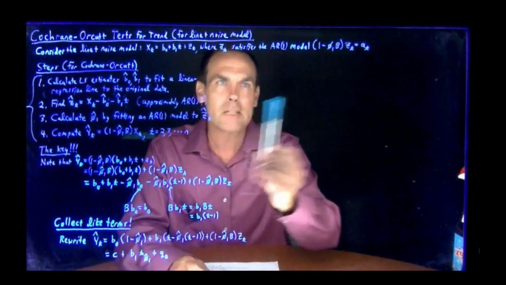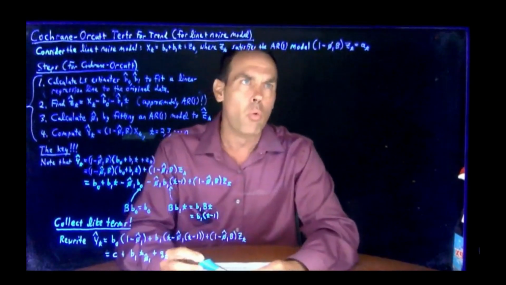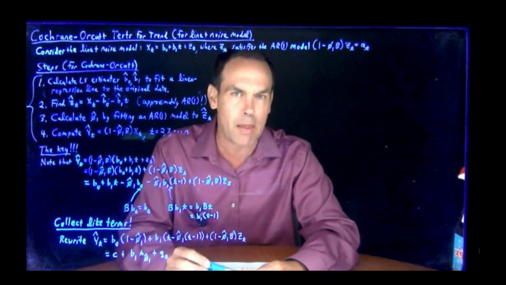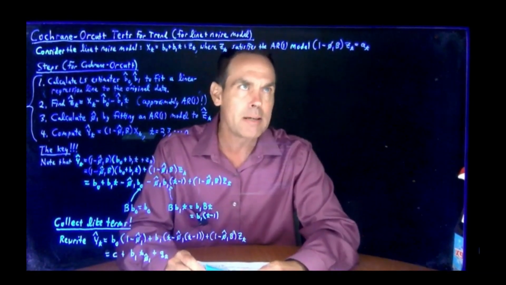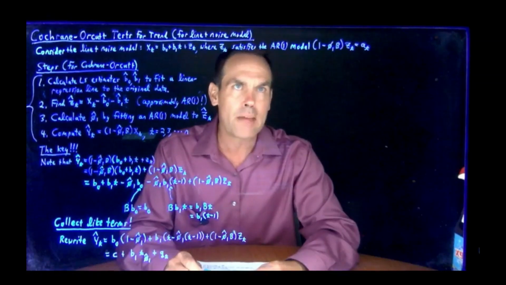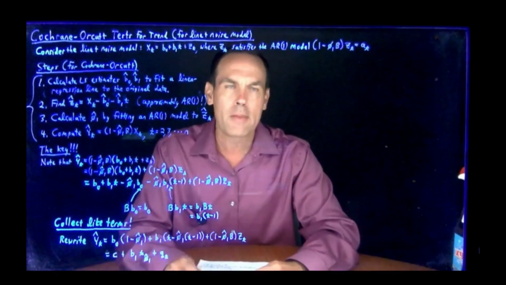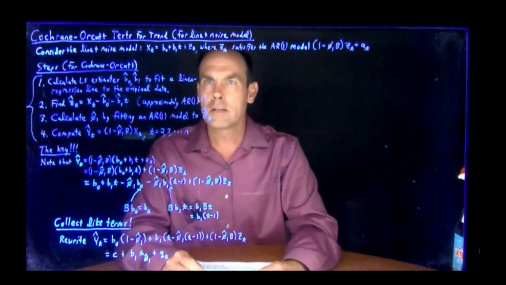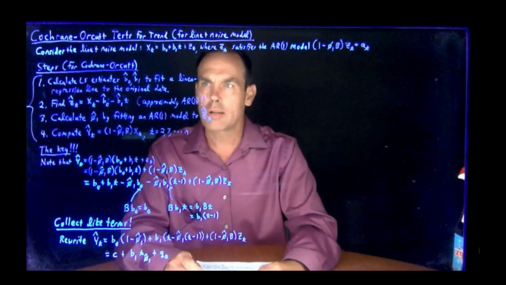Z of t satisfies the AR1 model, (1 minus phi1 B) Z sub t equals a sub t, where B is the backshift operator, and that's going to come into play quite a bit here. So that's the form of the AR1 model.